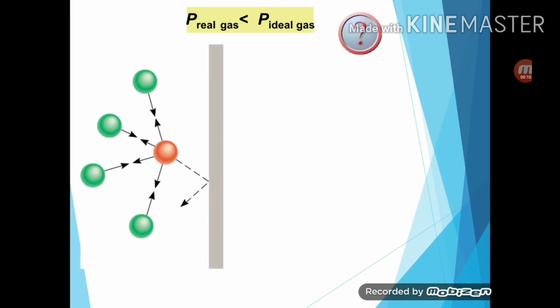In the real gas, the pressure of real gas is less than the pressure of ideal gas. Why does this happen? As I mentioned before, pressure of the gas is exerted when molecules of gas collide with the wall of the container. So, in the real gas, the intermolecular force between the gas molecules is significant.